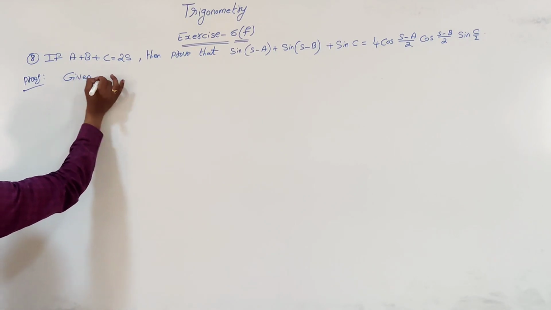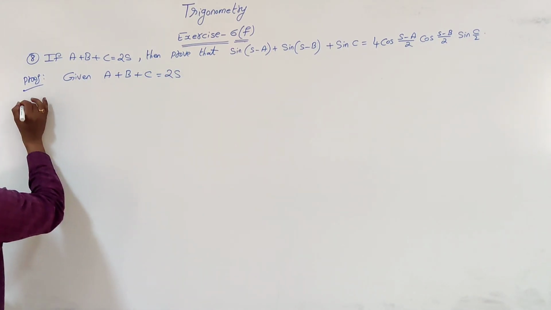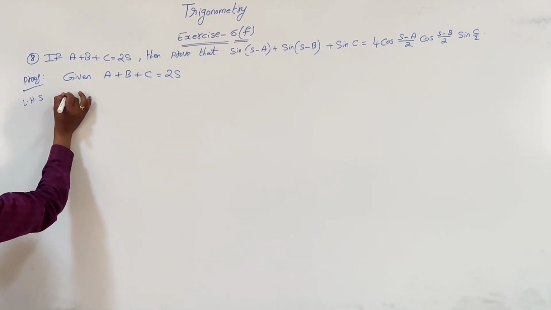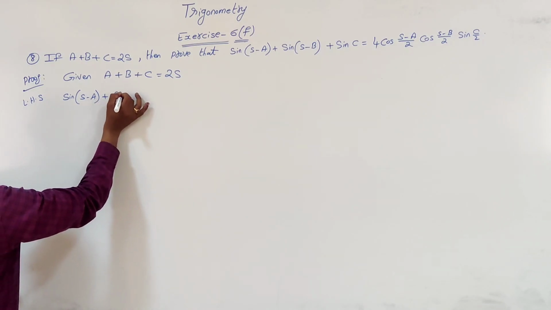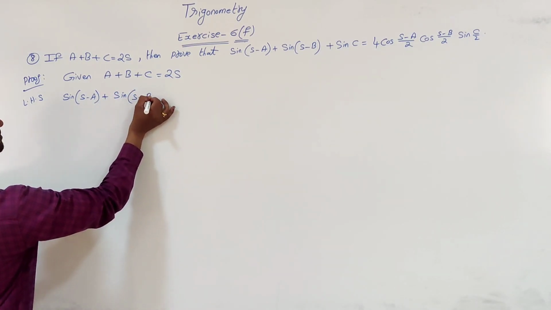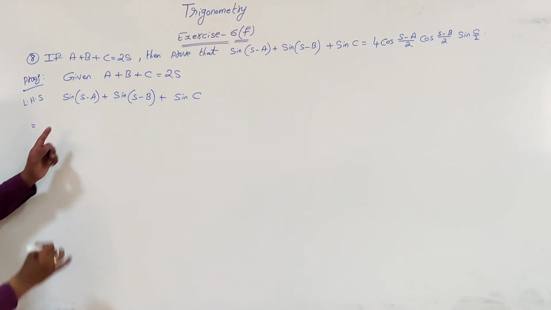Given a plus b plus c is equal to 2s. So take the LHS: sin of (s minus a) plus sin of (s minus b) plus sin c. Now apply the transformation.